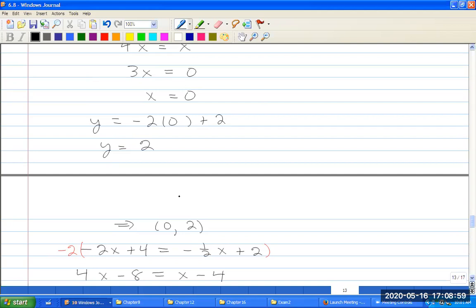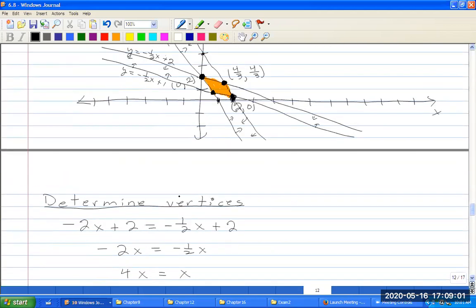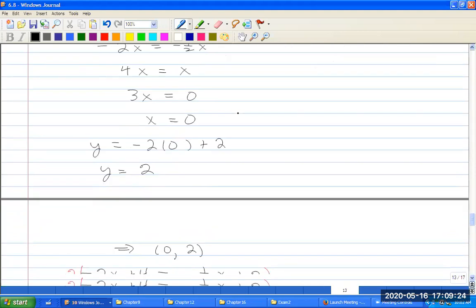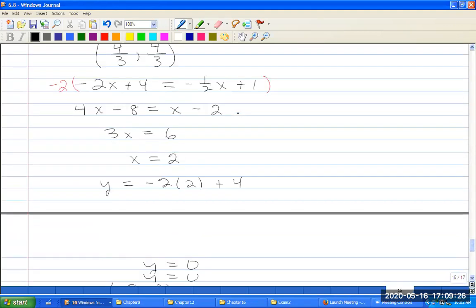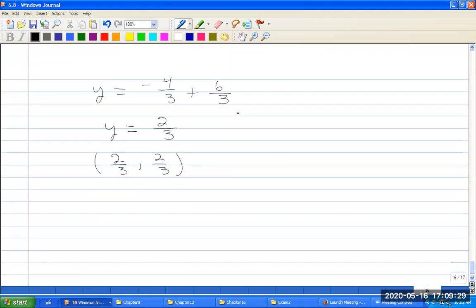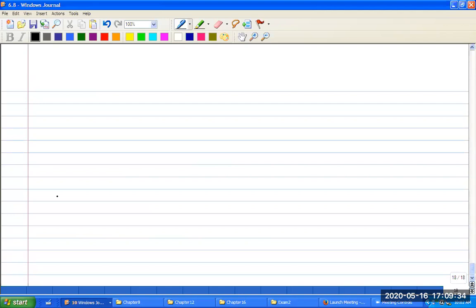Okay. There it is. So this is another point of intersection at 2/3, 2/3. So that's the other point of intersection. So there are these 4 points, these 4 vertices. So let's determine the value of my objective function at each of these vertices.